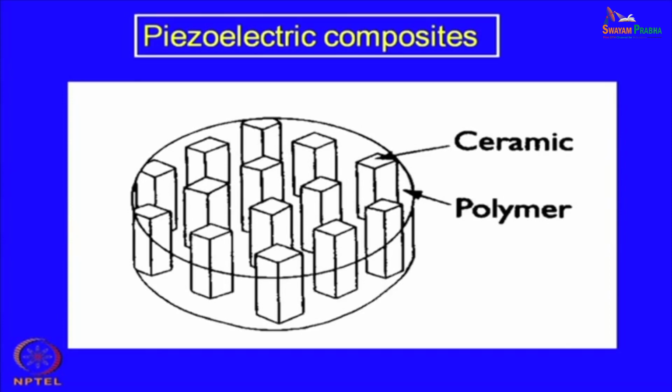Similarly, you can have many different kinds of ceramic polymer composites. For example, one can have 0-3 connectivity. 0-3 connectivity means ceramic is in the form of particles or isolated grains. They are not even like rods or fibers.